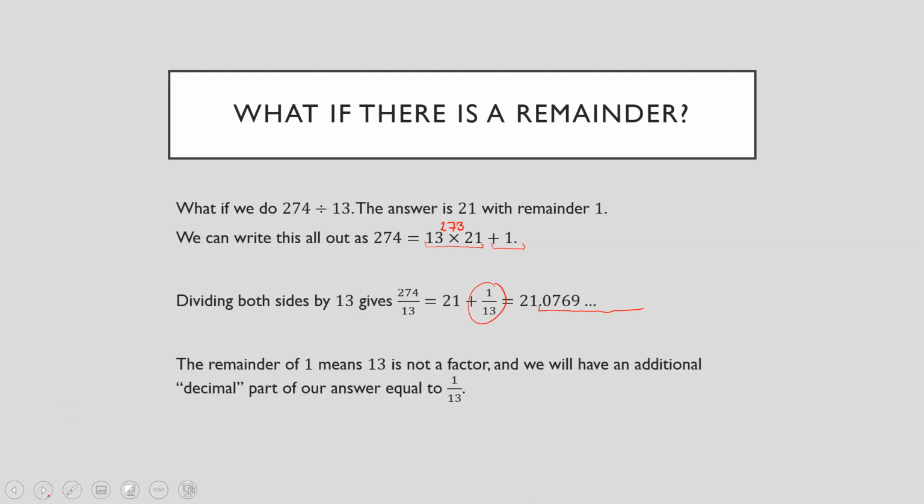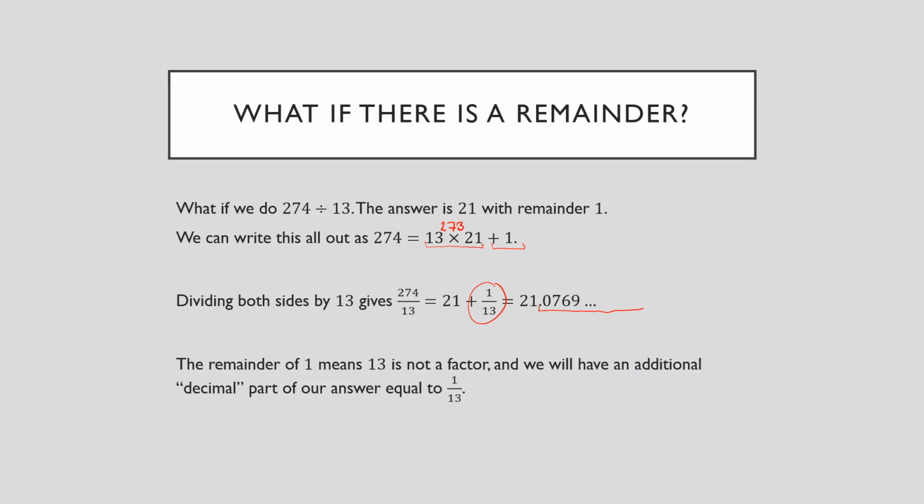Because we have a remainder, that means that 13 is not an integer factor. It means we'll have 13 times some integer that gets us very close to 274. In fact, it's going to be 13 times 21 to give us 273, but we'll have a little bit left over.